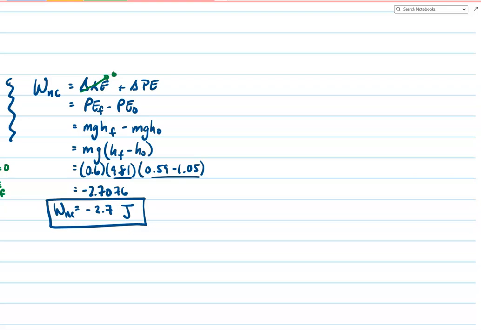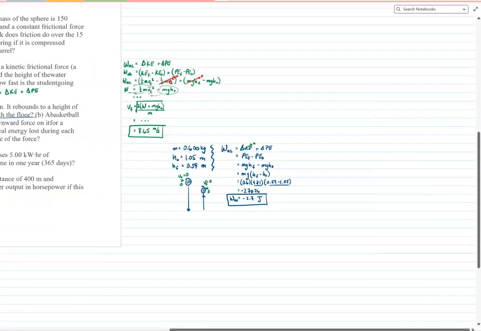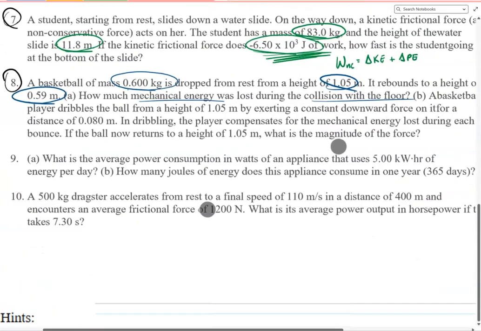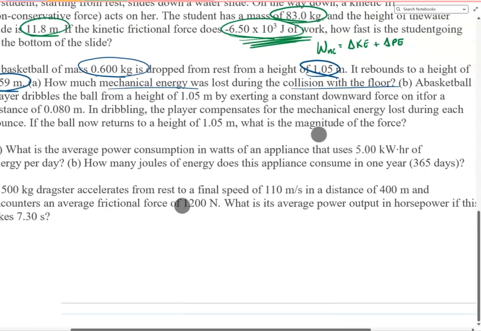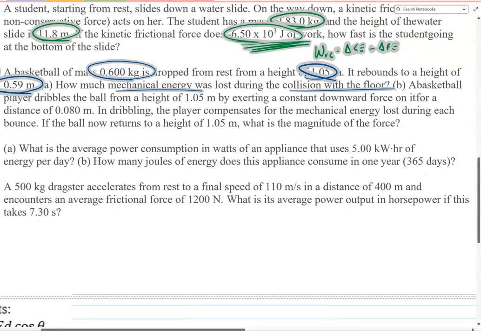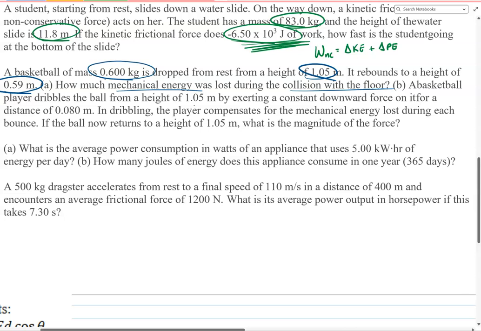we've now lost. Now in part B, I think this is where the basketball player was actually dribbling the ball, so there's an extra force at play. So the player still releases the ball at 1.05 meters above the ground, but also has an external force acting on it. And so that external force was applied for a distance of 8/100ths of a meter.